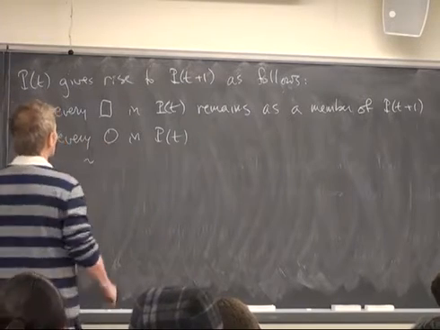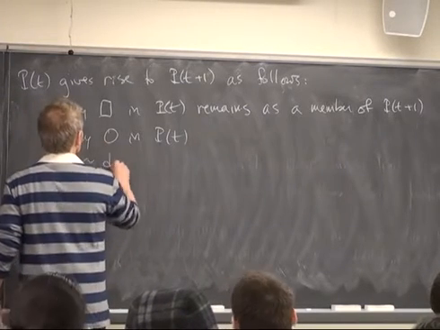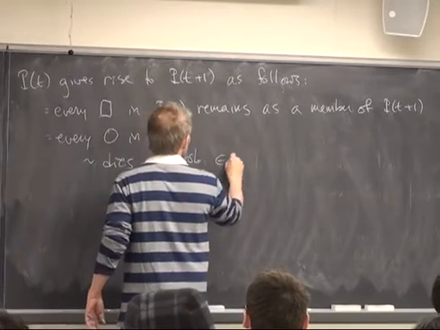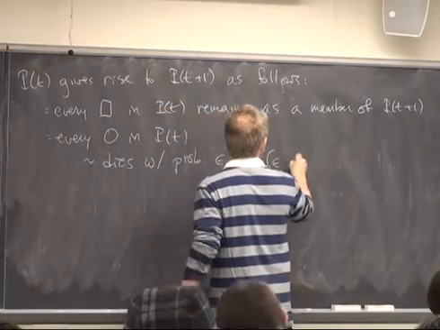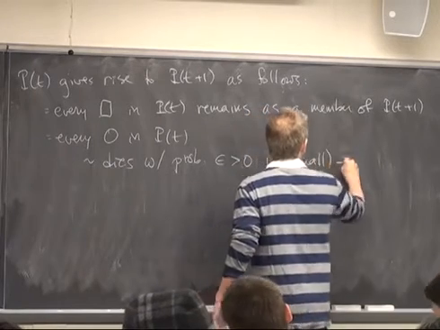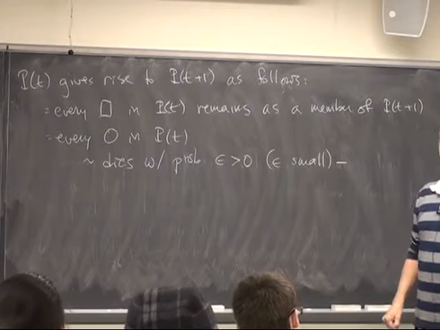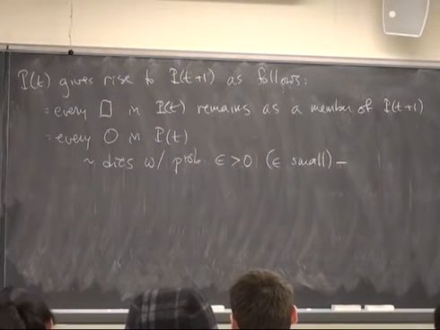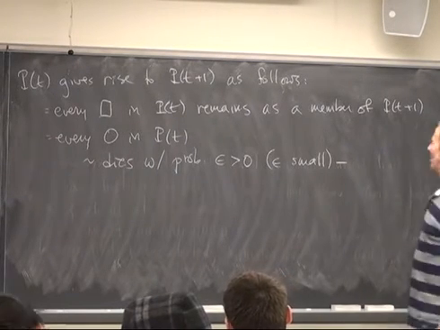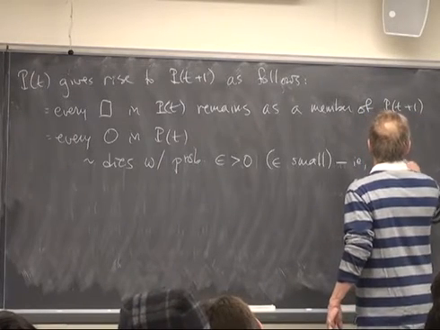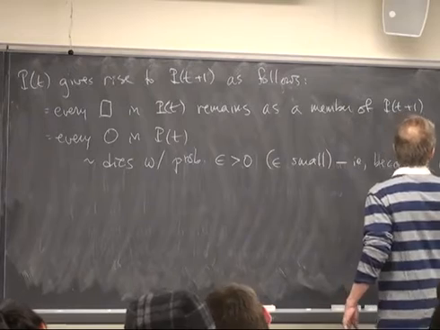It either gives birth to a box, it dies with probability epsilon bigger than 0. Epsilon is small. Yeah, it dies with probability epsilon bigger than 0. That is to say, it becomes a box in P of t plus 1.